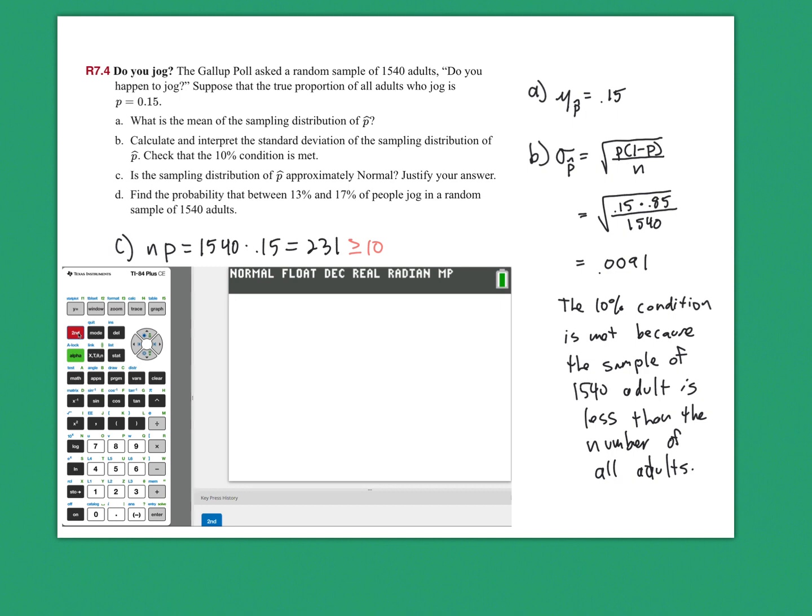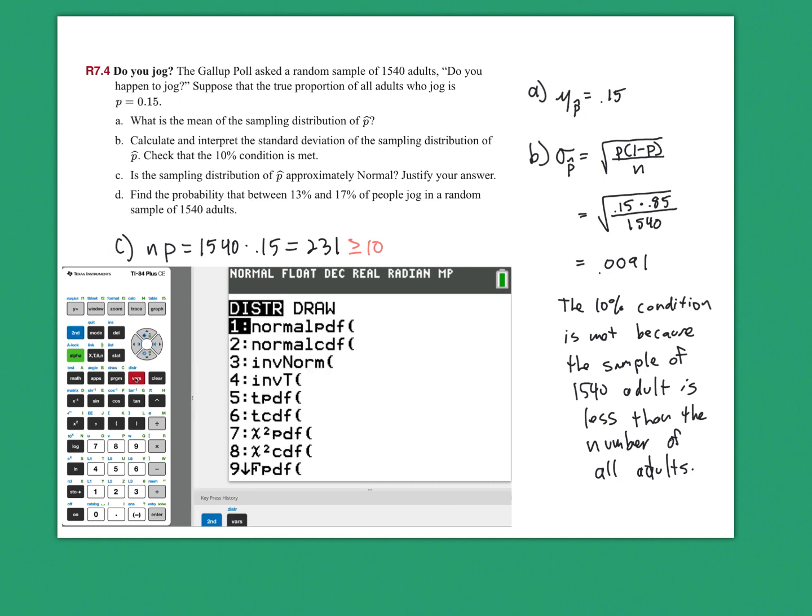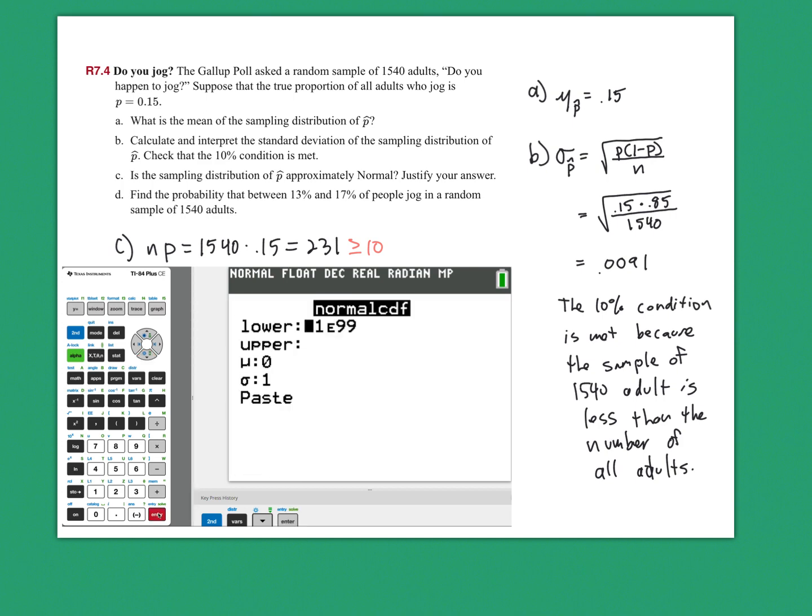Doing normal CDF, so do second vars, go to number 2. Our lower is going to be 0.13. They want to know the probability that it's between 13% and 17%.